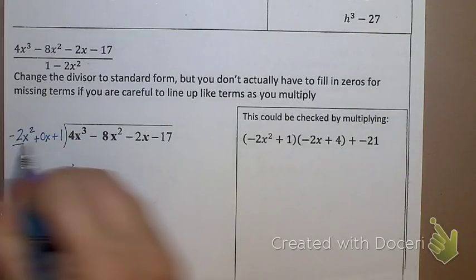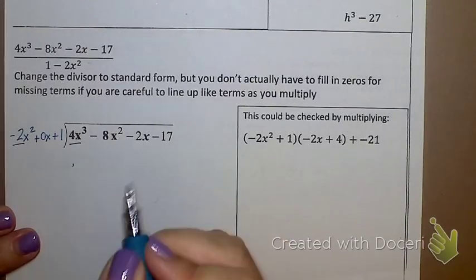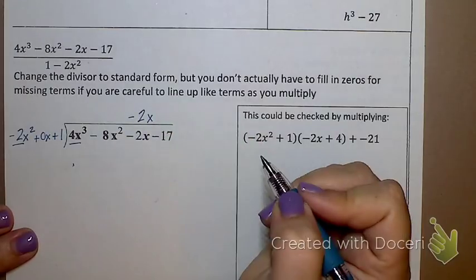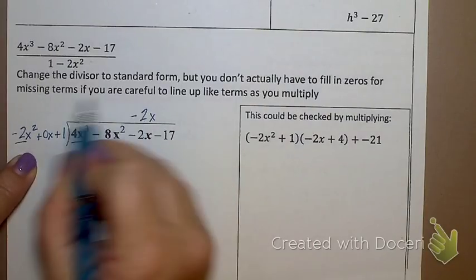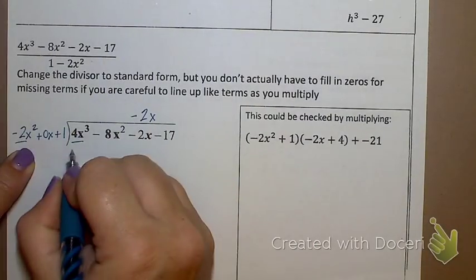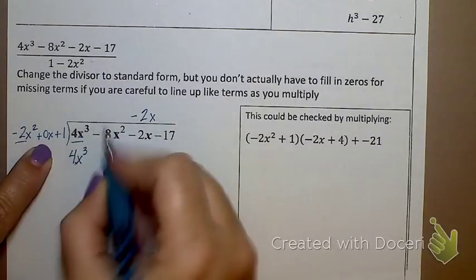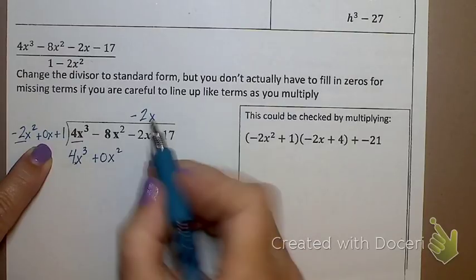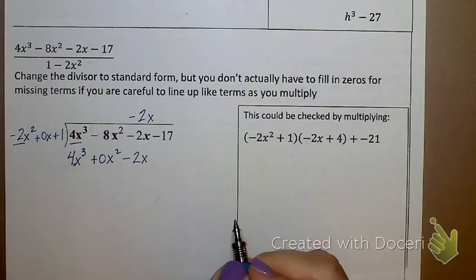Negative 2x times what is 4x to the third? Negative 2x. So that goes in my x column. Now what do I do? Multiply it through. Negative 2x times negative 2x squared is 4x cubed. Negative 2x times 0x is 0x squared, right? And negative 2x times 1 is negative 2x.